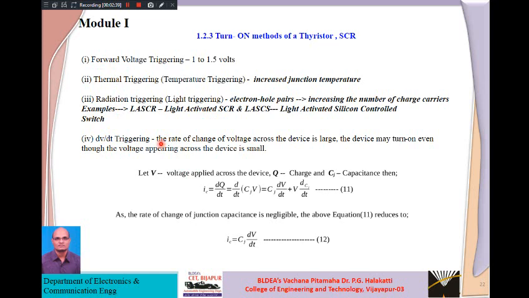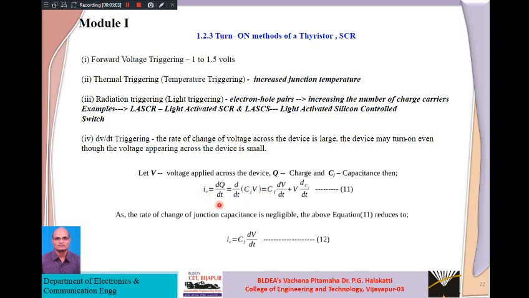In a similar aspect, related to forward voltage triggering, there is dV/dt, which is nothing but the rate of change of forward voltage with respect to time. This equation we have written by considering the middle reverse biased junction J2. The middle one is open and the two either ends are closed, so it is something like a two-plate capacitor.